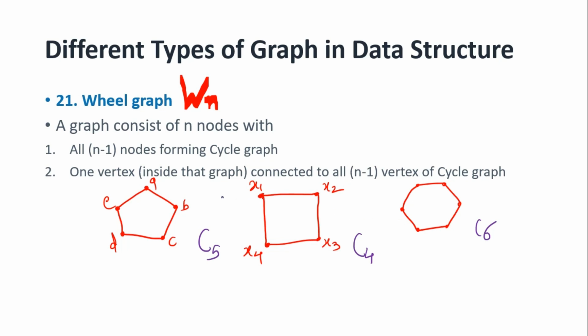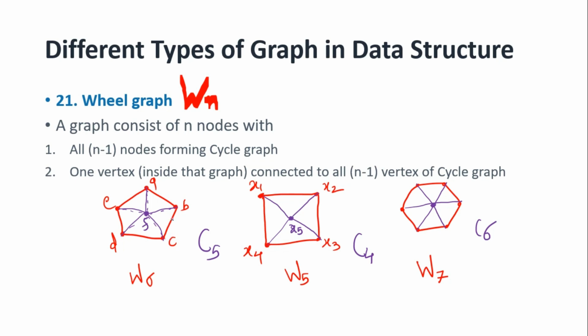Now what if I just add a new vertex which is connected to each and every vertex in your graph? Then such a graph will be called a wheel graph. I have just introduced one vertex which is connected to each and every other vertex. Then this graph will become a wheel graph.